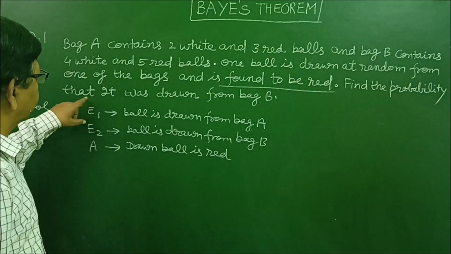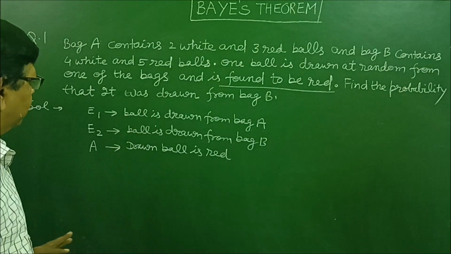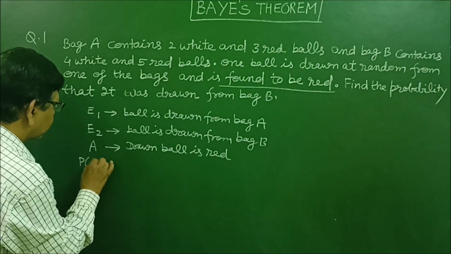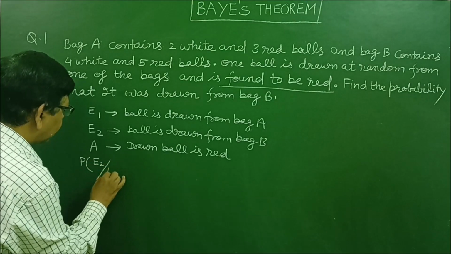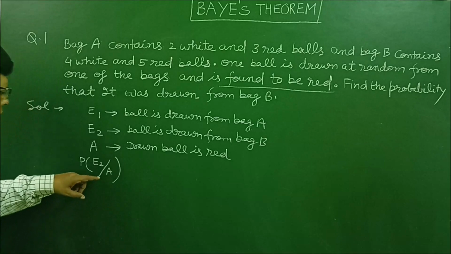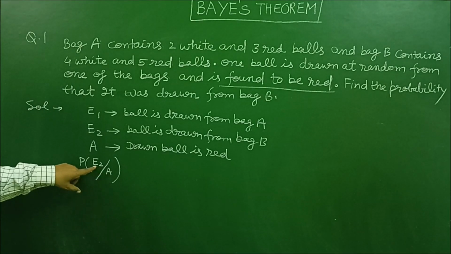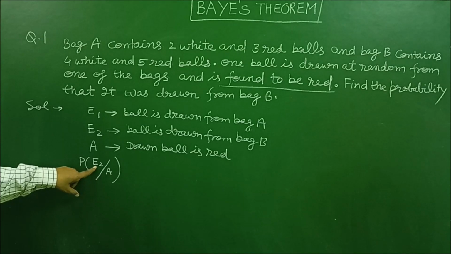Now we want to find the probability that it was drawn from bag B, meaning we want to find the probability of E2 when A has already occurred. Means this event has occurred: the drawn ball is red and it is from bag B.